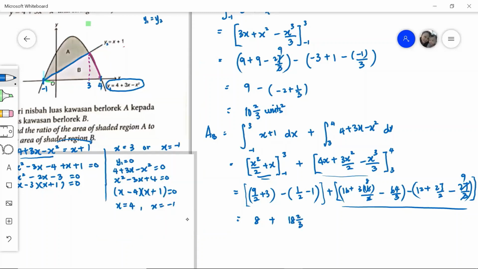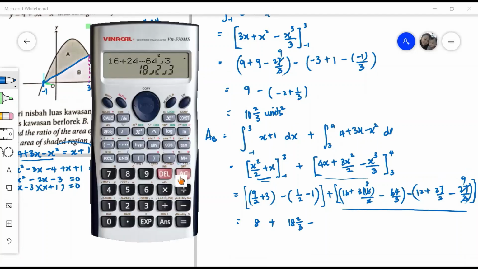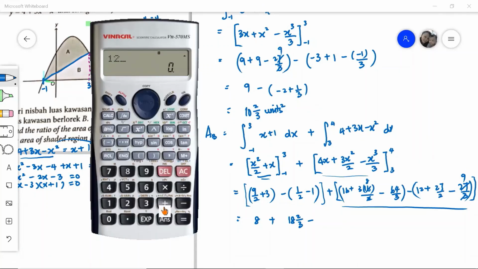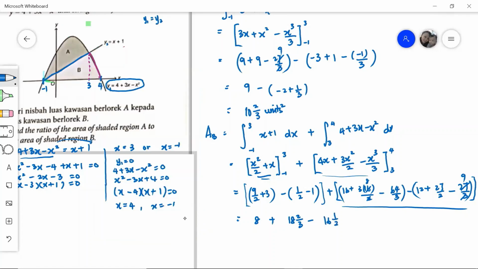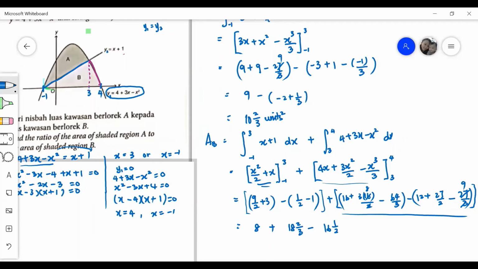18 and 2/3 minus 12 plus 27 over 2 and then minus 9. So that is 16 and a half. Now let's combine these 3 terms.